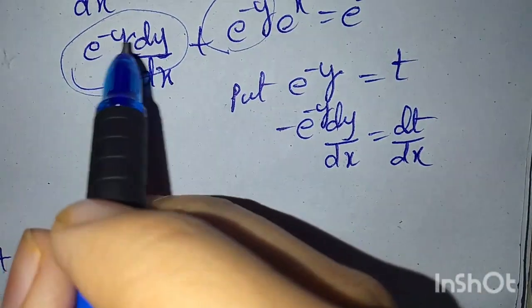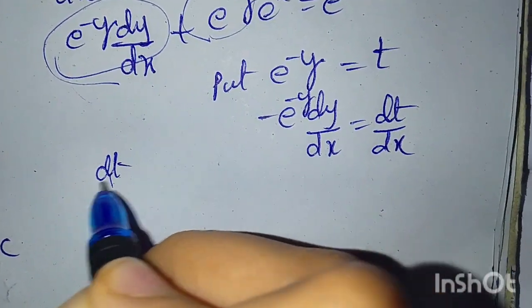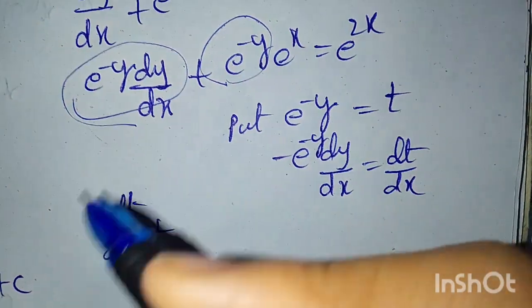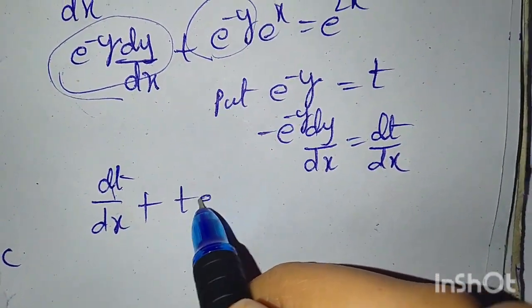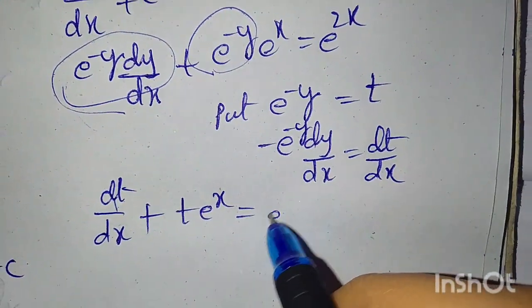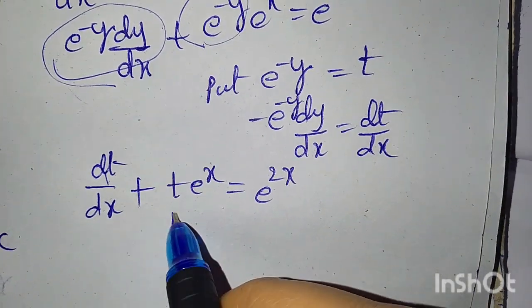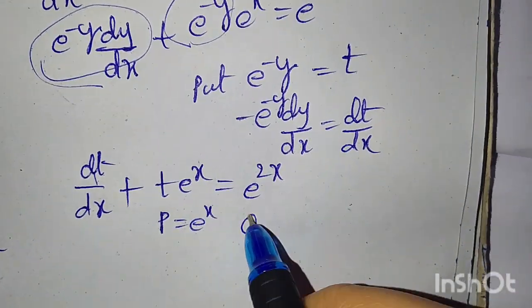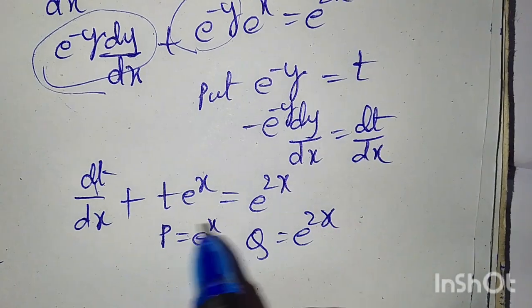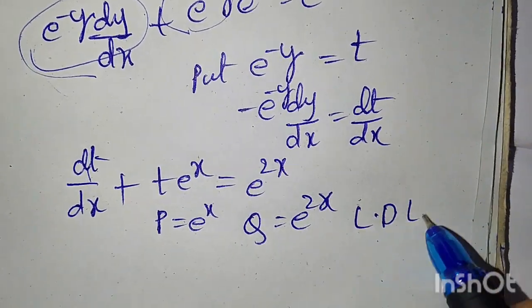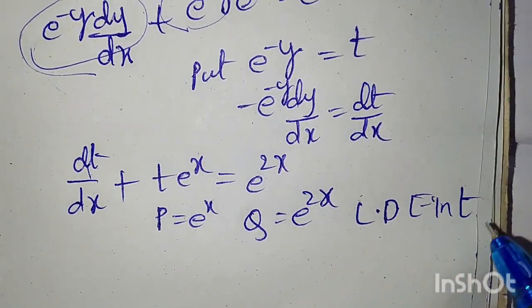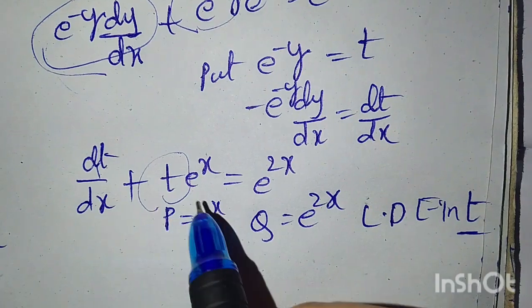So I can write it as dt by dx plus t into e power x is equal to e power 2x. So here what is my p? e power x. Q is e power 2x. And this is a linear differential equation in t, right? t came only one time. So now I have to solve it.